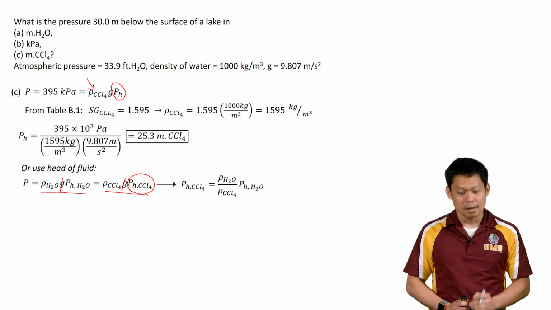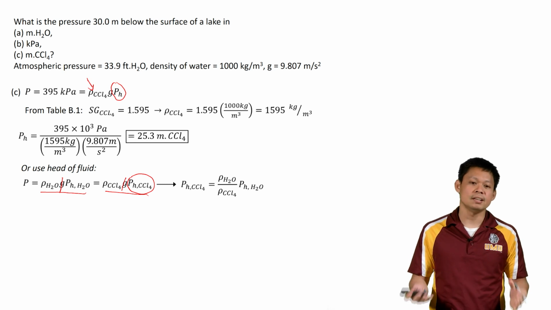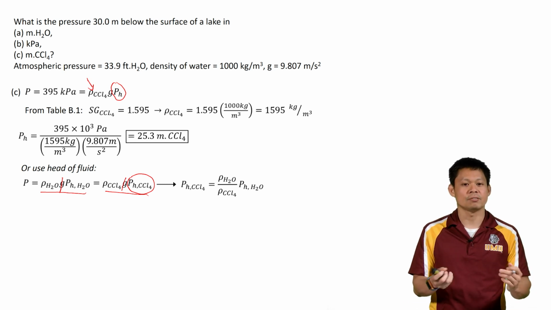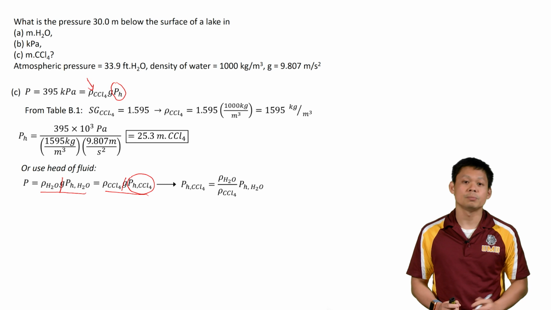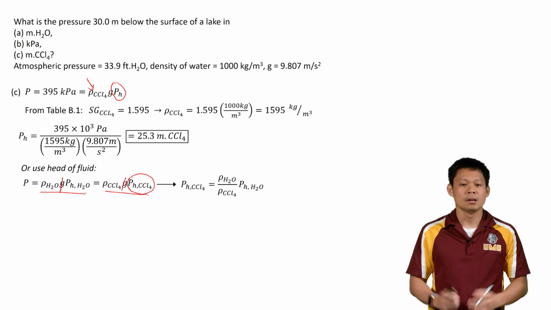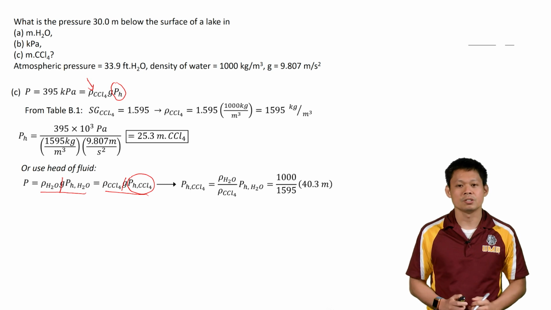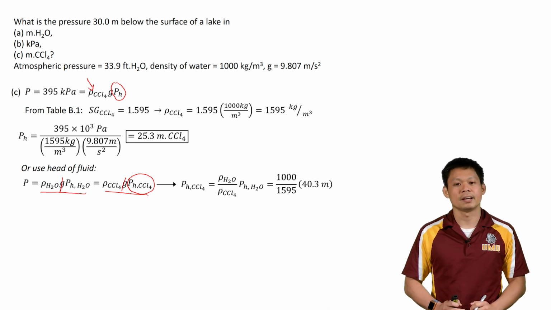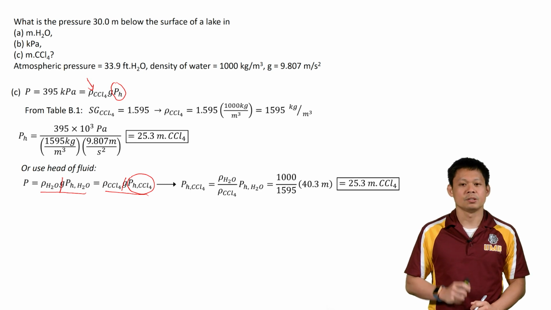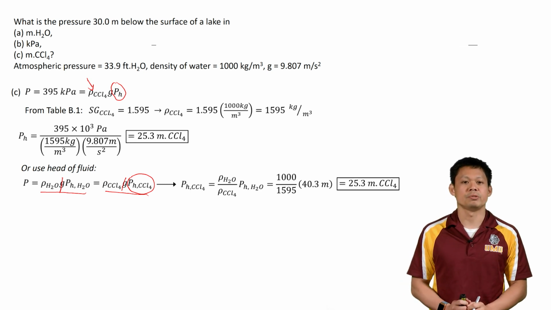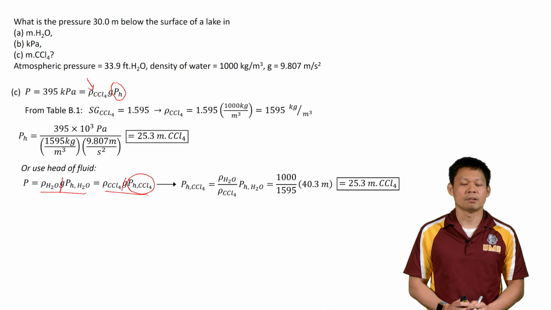This is nice because we don't really need the actual values as long as they have the same units. So we could potentially even use just the specific gravities of those two fluids. But it turns out we already have the density, so we'll just use the densities, 1000 over 1595, multiplied by the head of water, and you'll end up with the same answer of 25.3 meters of carbon tetrachloride.